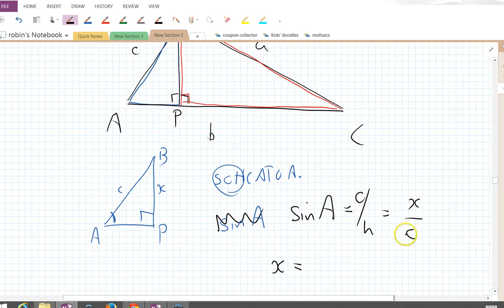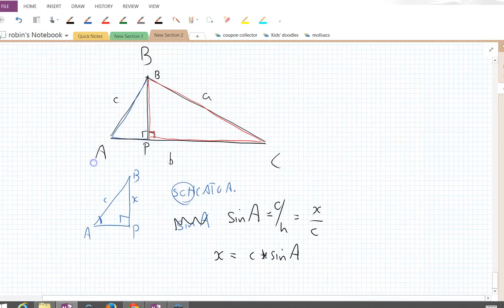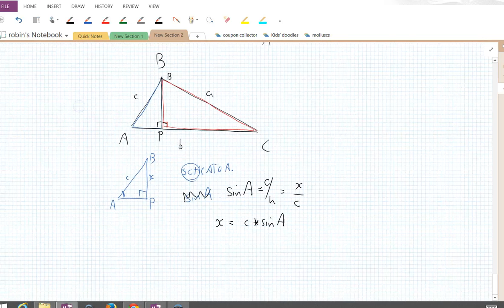So x equals, by bringing this c up here, c times sine A. There it is. Well, that's great. Suddenly we've figured out the altitude. We've figured out the height of this triangle. So if you're building a house or something and that's part of a roof, then you know how high it is, which is kind of useful information. So you can work out its area and stuff.